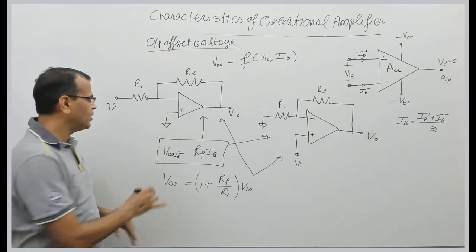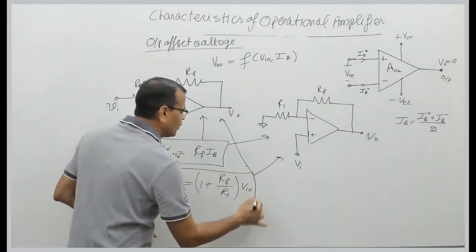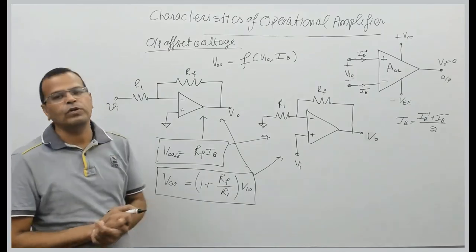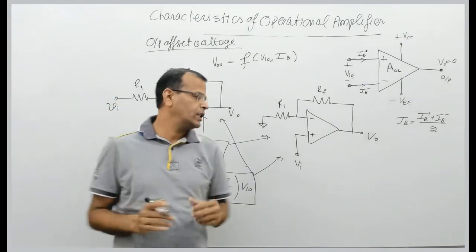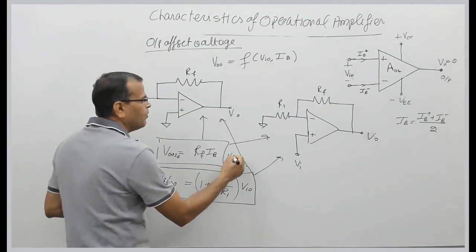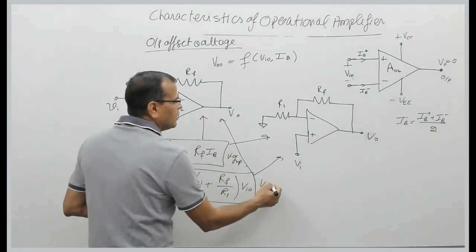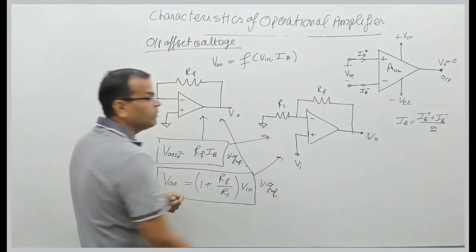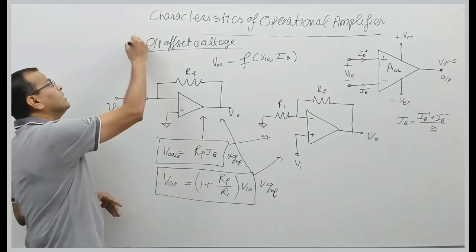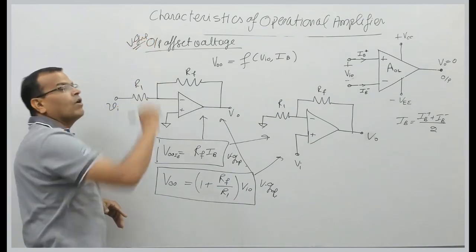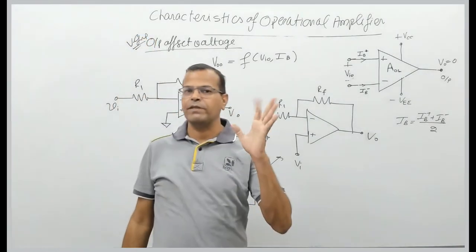This is the expression of output offset voltage because of input offset voltage. I hope you will remember this expression. This is very important as far as exams are concerned. You have a lot of numericals based on this. So I will say this is very important for your exams, competitive exams.